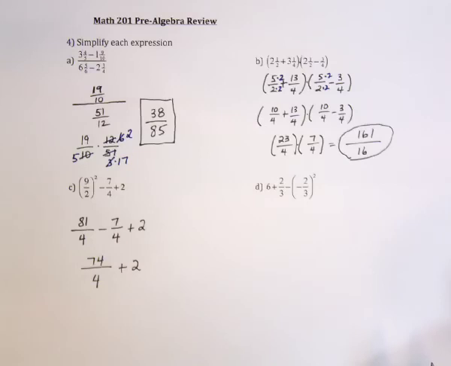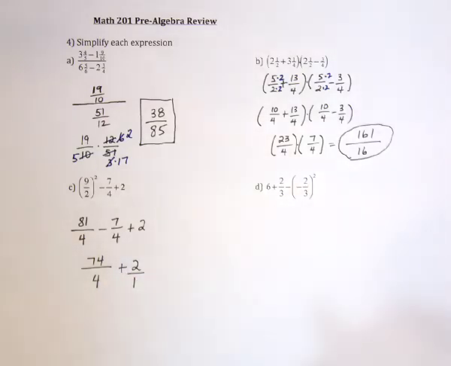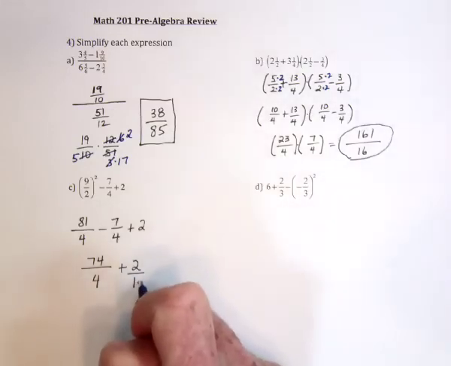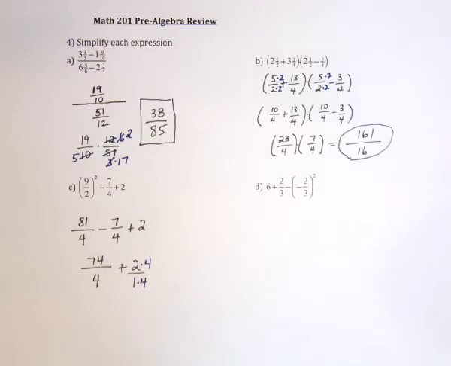All right, then we need to add 2 and have it be reduced. So let's see. I could say, first of all, this is the same thing as saying it's over 1. Then the common denominator would be 4. Multiply the top and the bottom by 4. So then we've got the fraction 74 fourths plus 8 fourths.